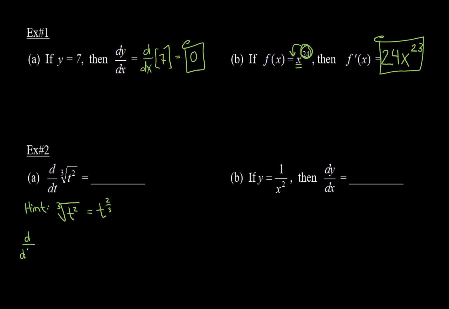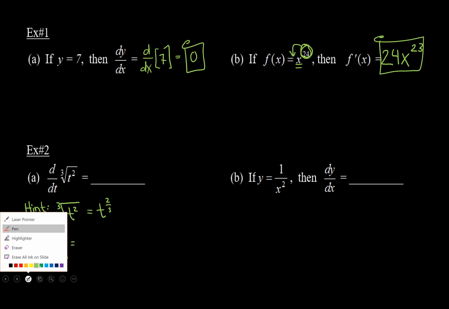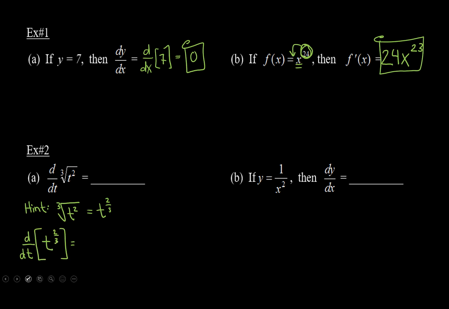So I'm taking the derivative with respect to t of t to the 2/3. Remember what I'm going to do. I'm going to take that power and put it down in the front. So it's going to become 2/3. The t goes along for the ride.